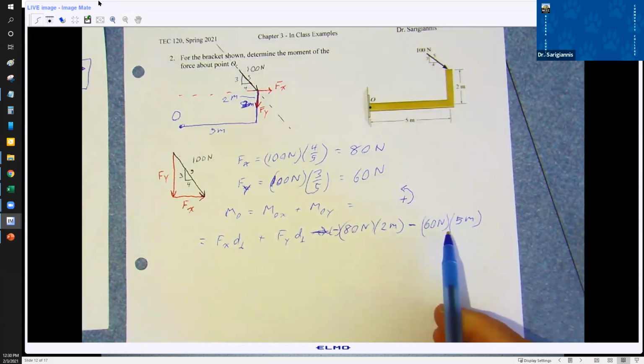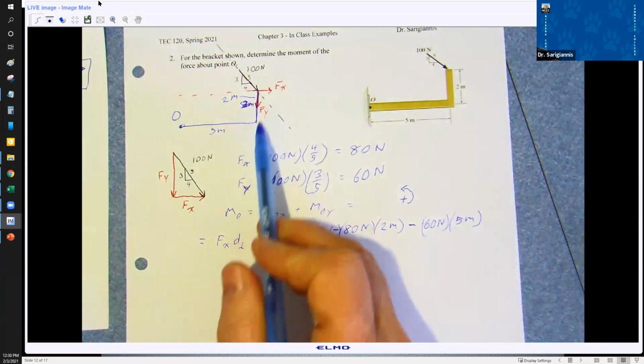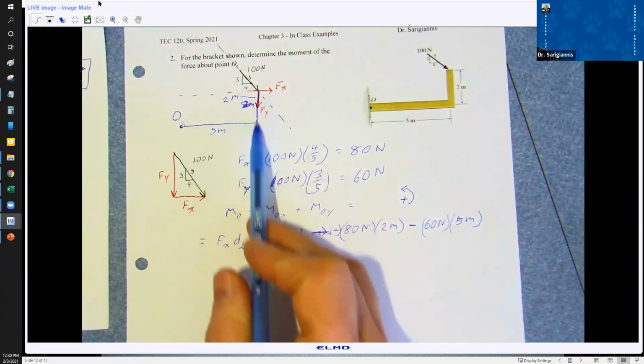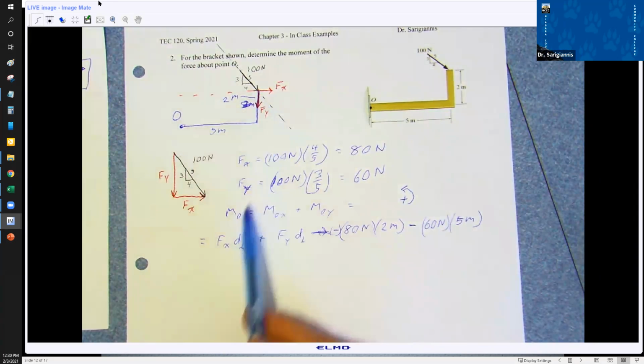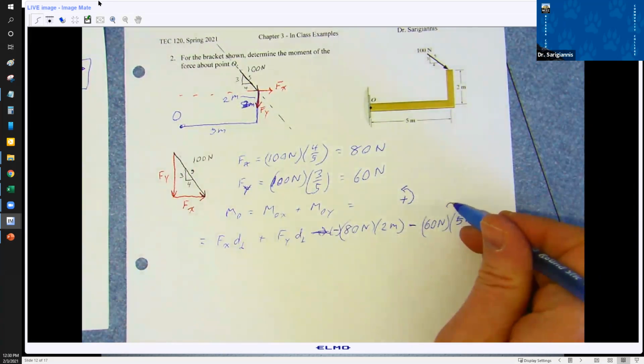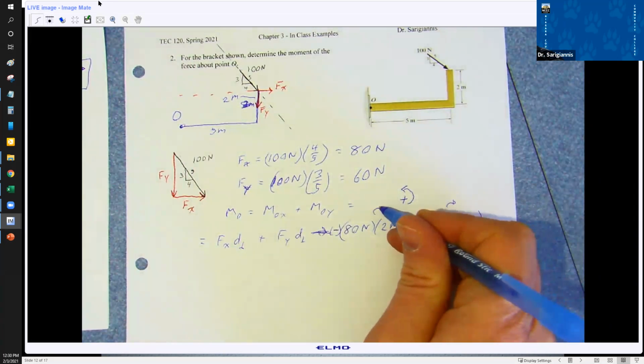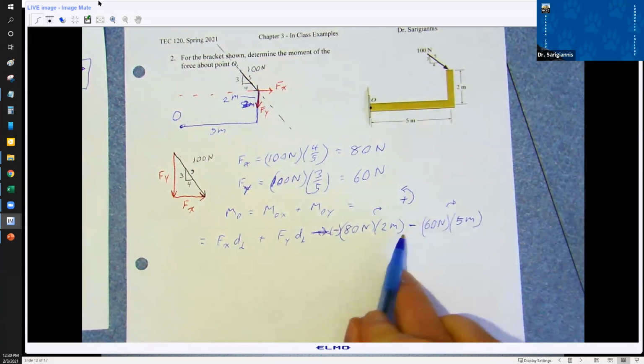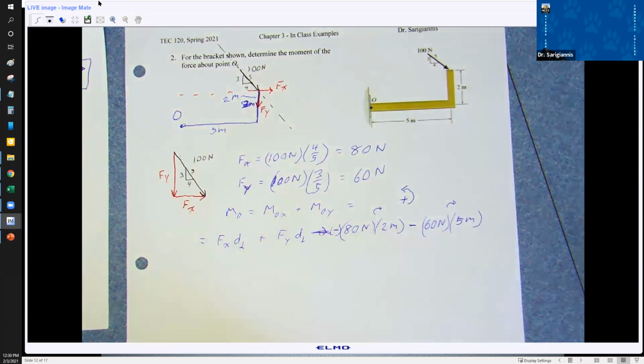What was I saying? Oh yeah, this perpendicular distance is 5 meters, and that's the line of action of force. This force is also generating a clockwise rotation, right? So these individual components are clockwise, which makes their signs negative. I'm going to leave it as a minus.